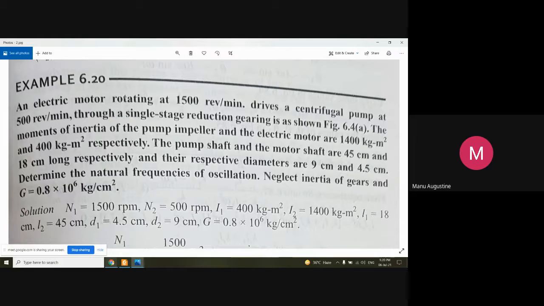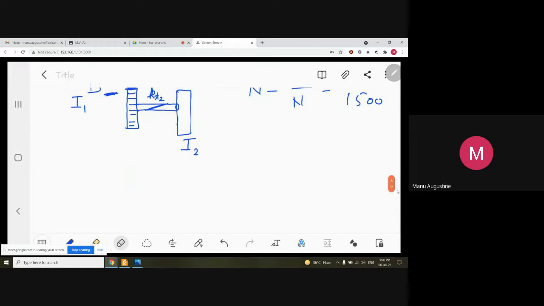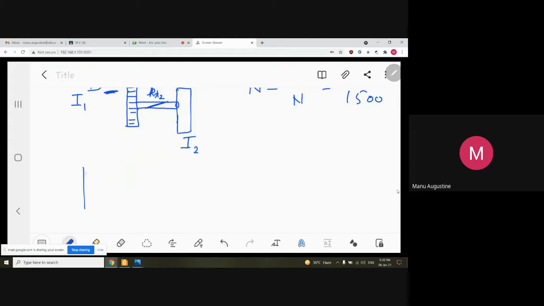So anyway, coming back to the topic, what do you do once you have the values of KT1, KT2, I1, I2? IG1 and IG2 are not required because we are ignoring the inertia of gears. Now we have to follow the first conversion policy in which you ignore the inertia of the gears. So your system will eventually reduce to a system like this.